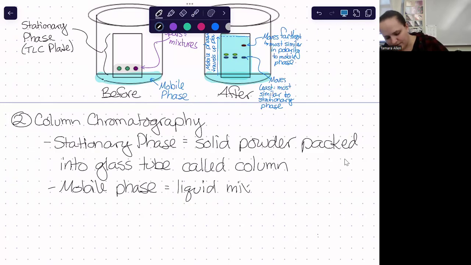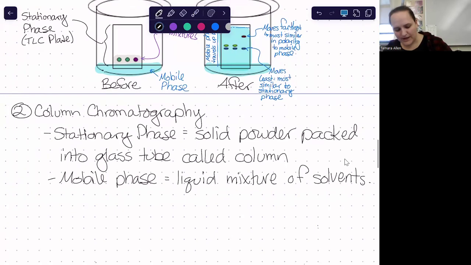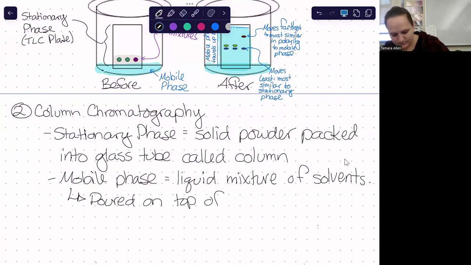Also, mixture of solvents generally. So, mixture of multiple different things, kind of to get the polarity where you need it to be. And in this case, our mobile phase is poured on top of the column and carried down by gravity.